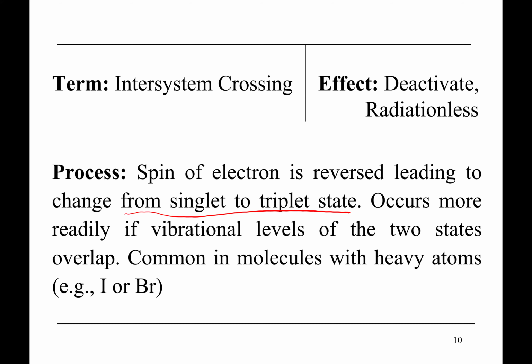Phosphorescence occurs more readily if the vibrational levels of the two states overlap. When is that possible? You have to look for these heavy atoms. The common molecules with heavy atoms, such as iodine, bromine, if you see a bromine or an iodine, those heavy atoms are going to encourage intersystem crossing processes. All right? That's what you have to look for.